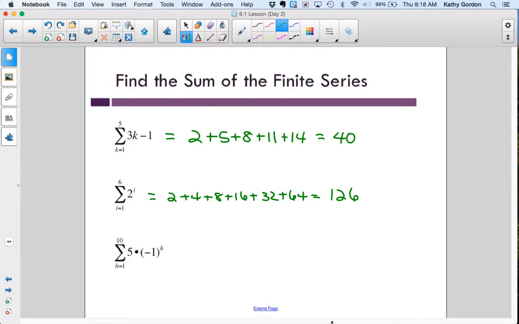How about this one? 0. Because what are our terms? Negative 5 plus 5 plus negative 5 plus 5. It does start with negative, sorry, but it doesn't matter anyway.